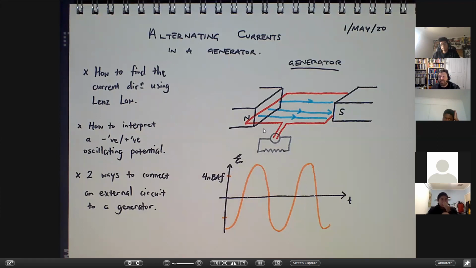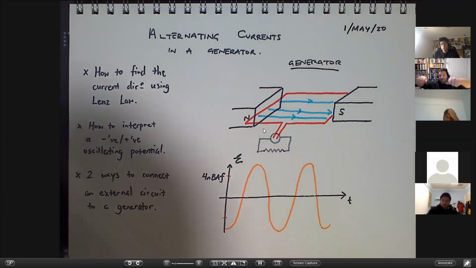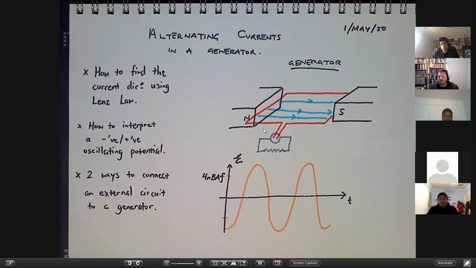It turns out we can't just physically weld our wires onto it or use crocodile clips, for reasons that we'll get to in a moment. Okay. So any questions about what we're aiming for today? Good. Hopefully we should be able to get it in a tight half hour or so.